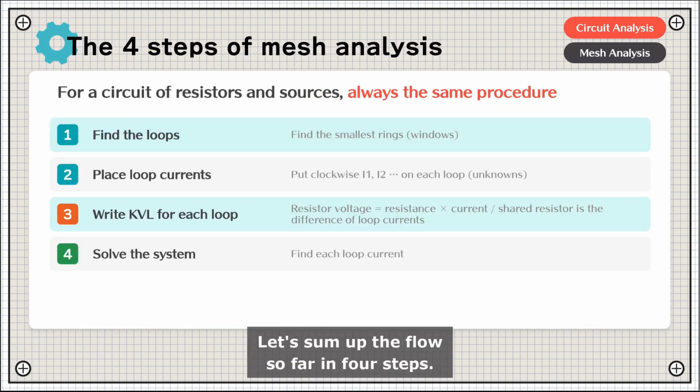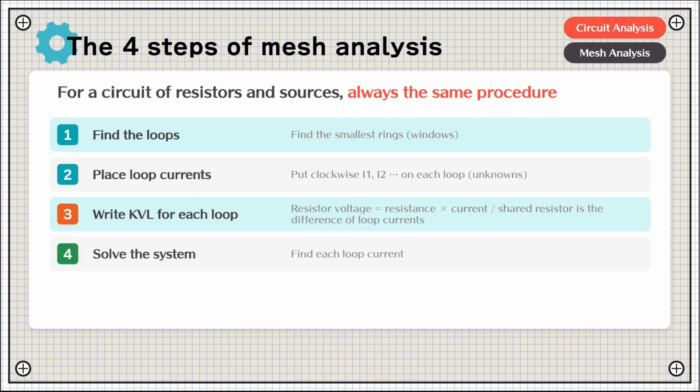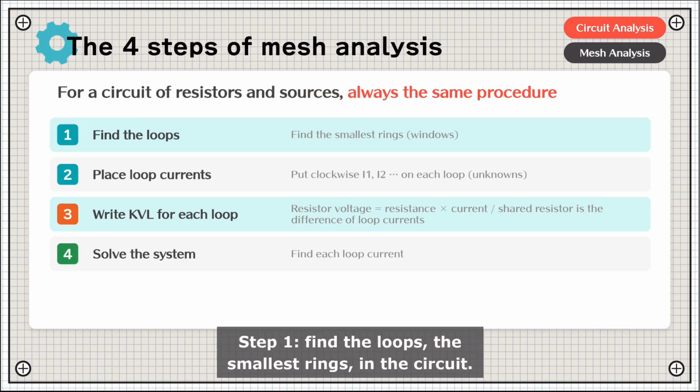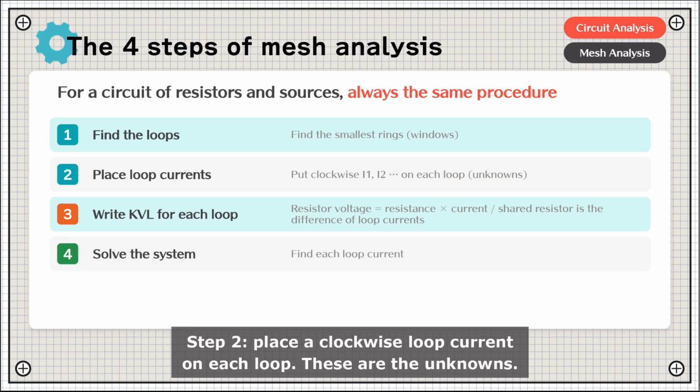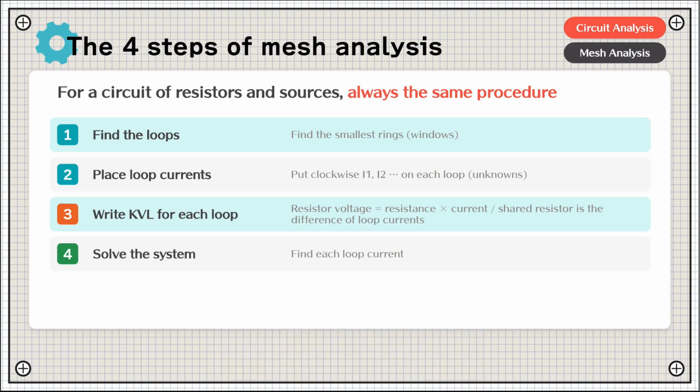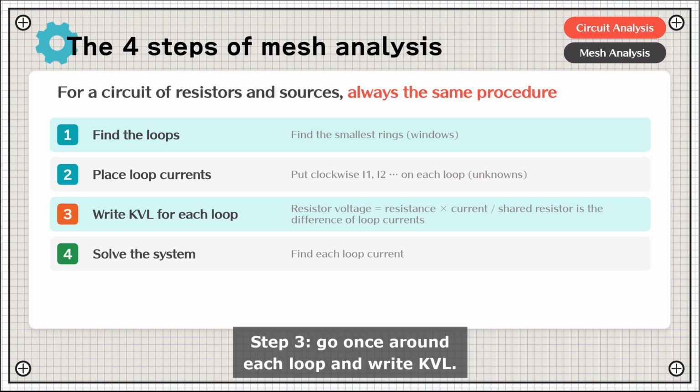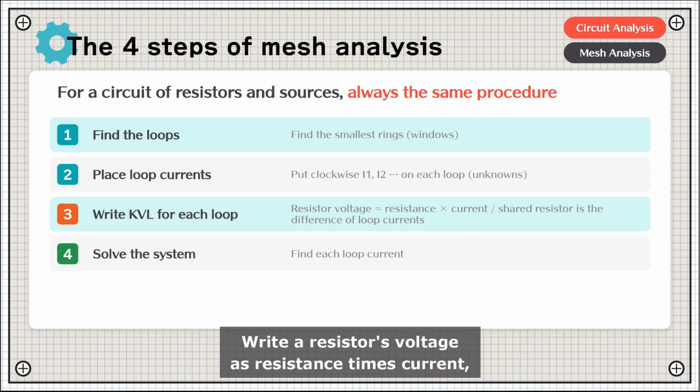Let's sum up the flow so far in 4 steps. Step 1. Find the loops, the smallest rings, in the circuit. Step 2. Place a clockwise loop current on each loop. These are the unknowns. Step 3. Go once around each loop and write KVL.